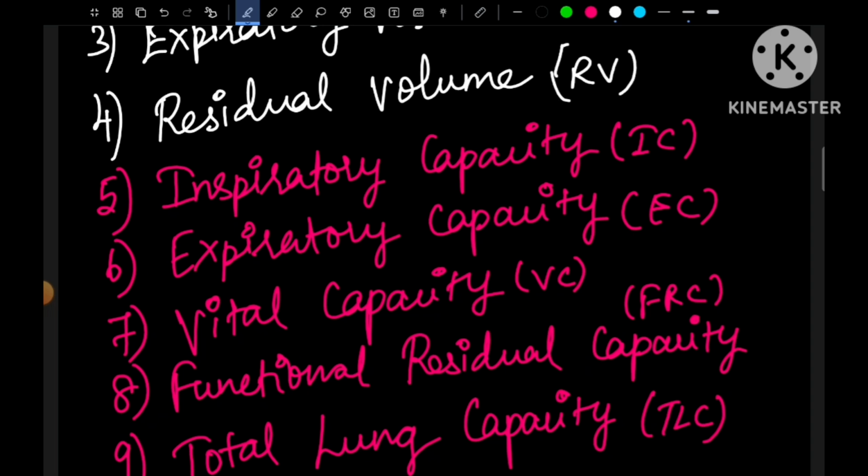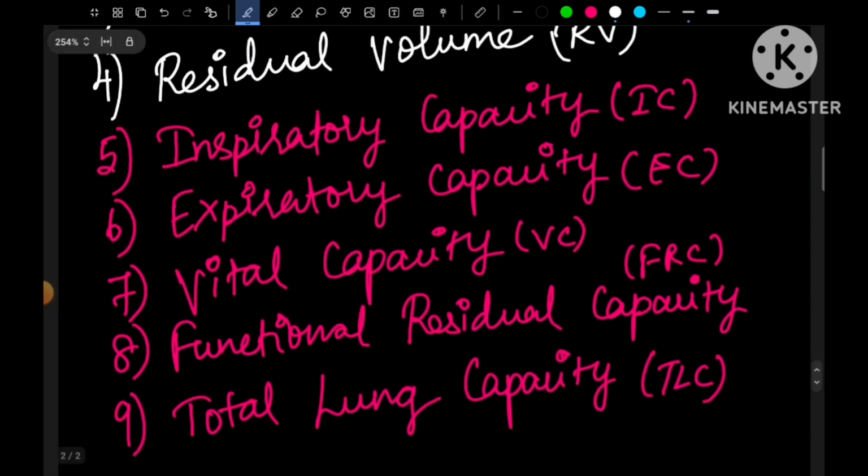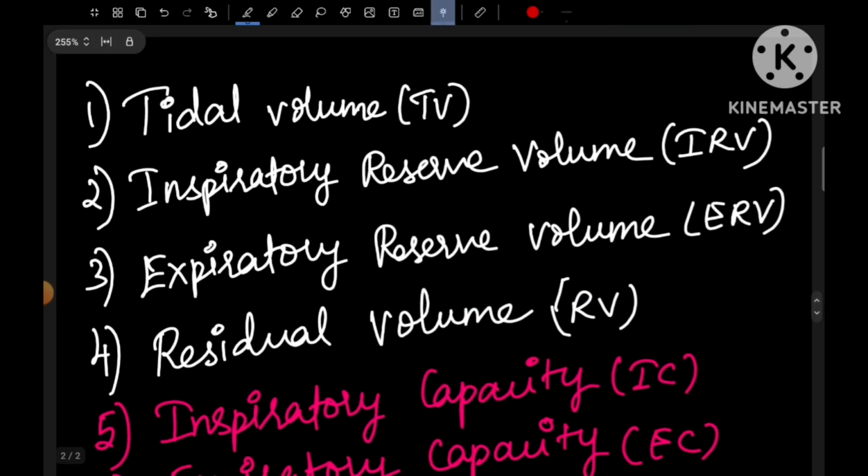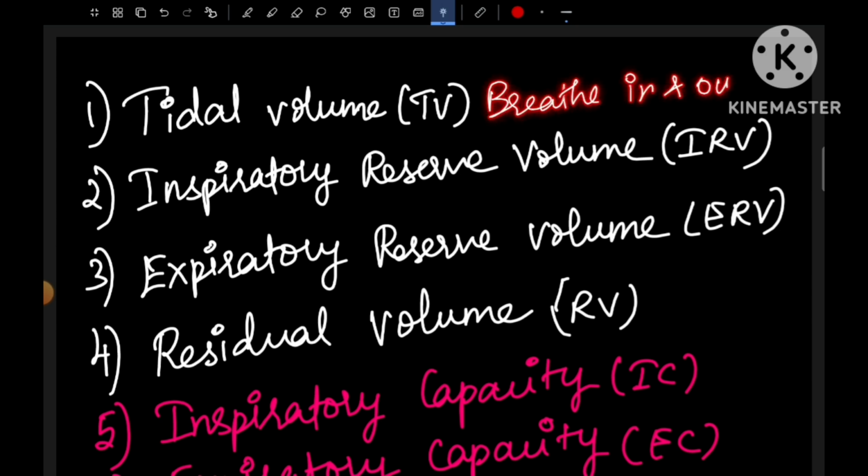Okay, so what are these volumes? I'll just explain in brief. Guys, see here, tidal volume is the normal volume which we breathe in and breathe out. Okay, this is the tidal volume, guys.